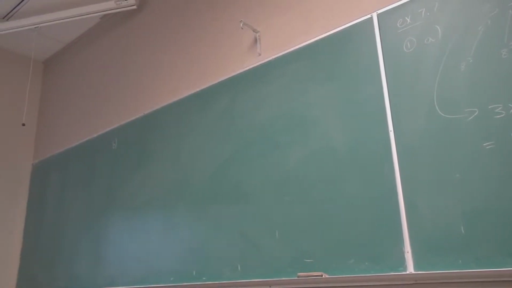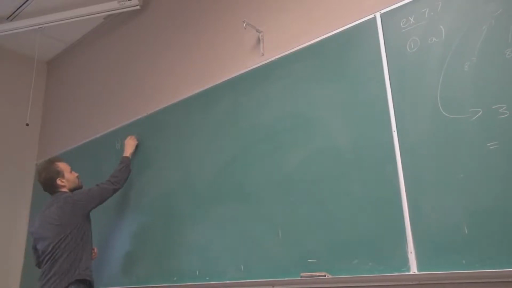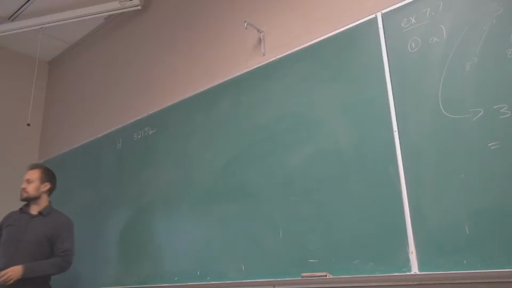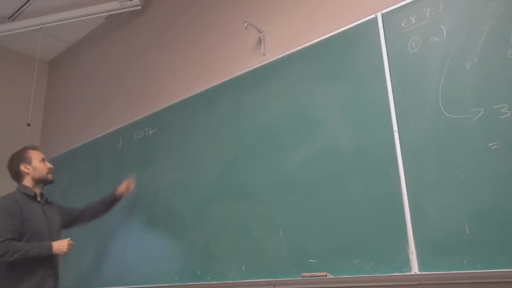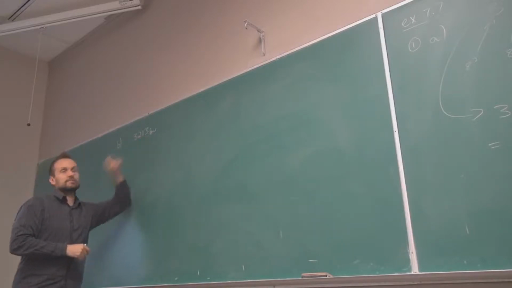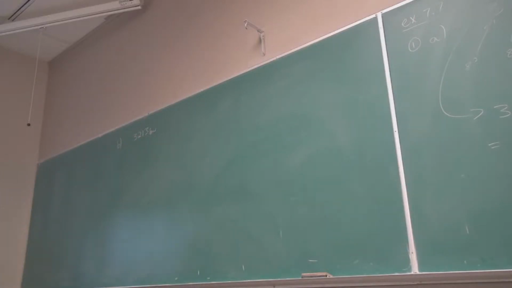B, I have 3213 base 4. Notice that whatever the base value is, the digits cannot be that value or higher. So I can't have a 5 in here, or a 4 or anything. The options are limited by the base value.